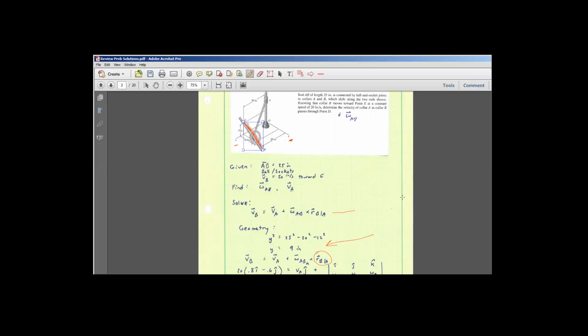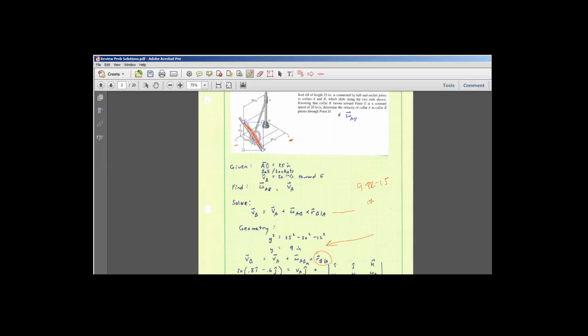Right. So then you have to figure out what the total length there is. I think it ends up being a 9, 12, 15 triangle, right? So you have to figure out what the unit vectors are.